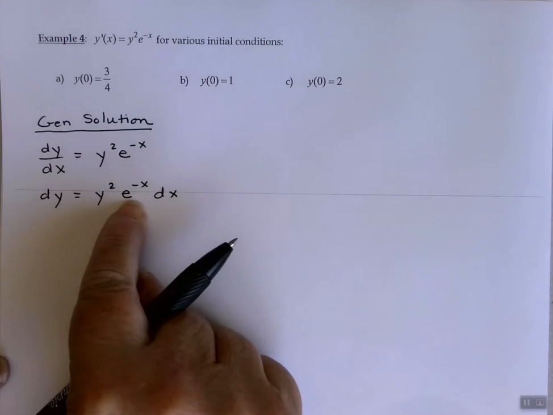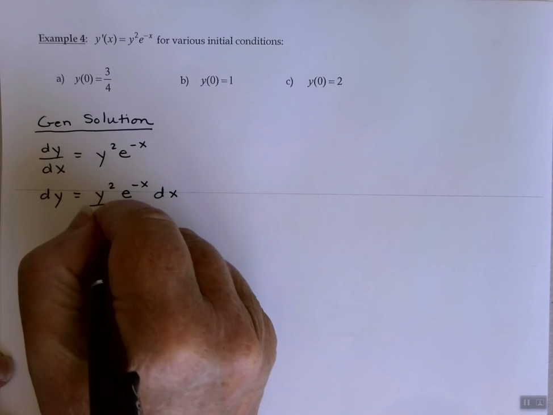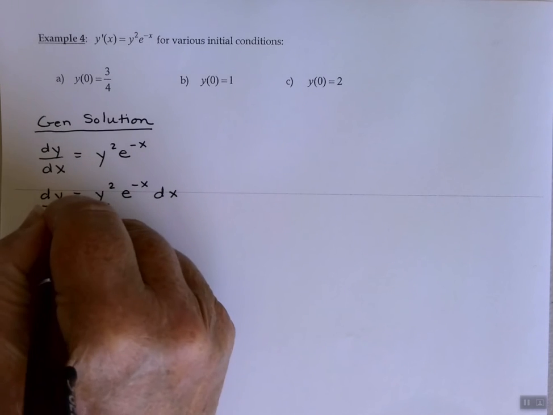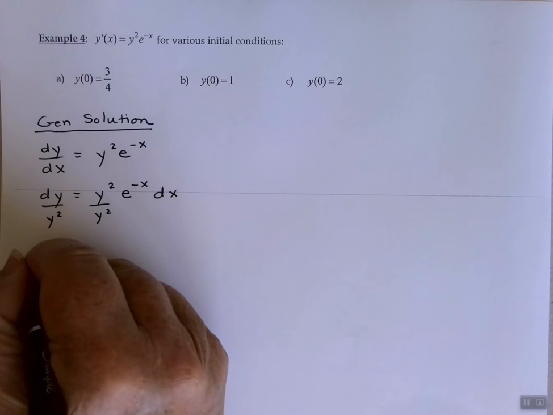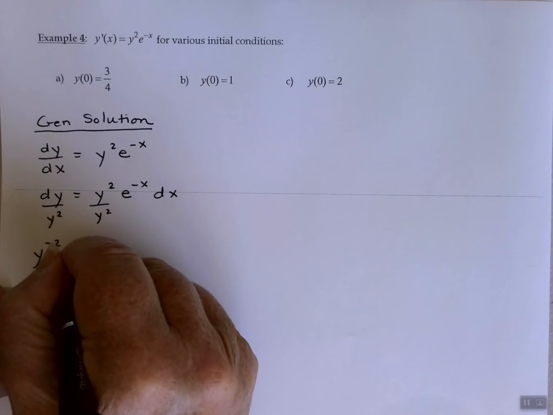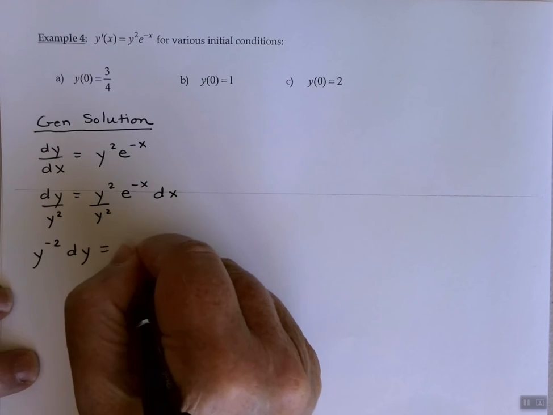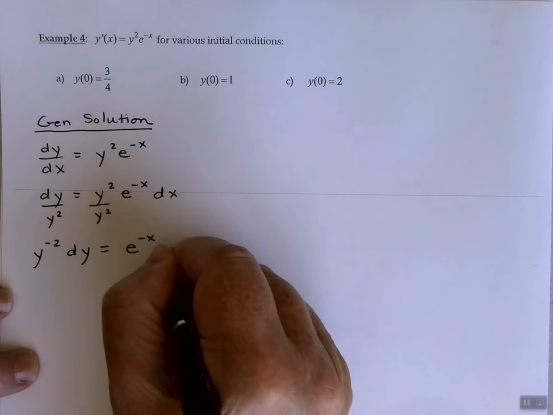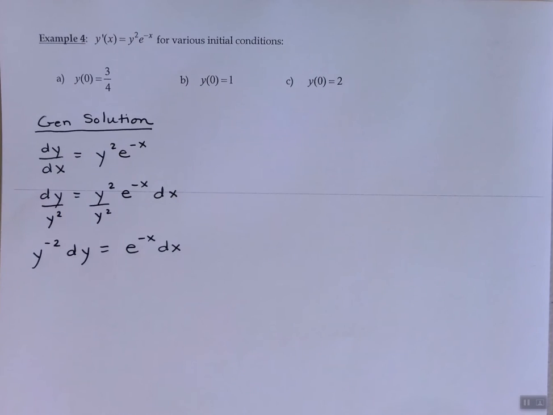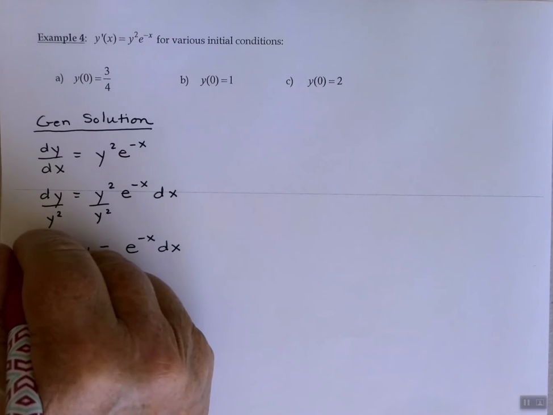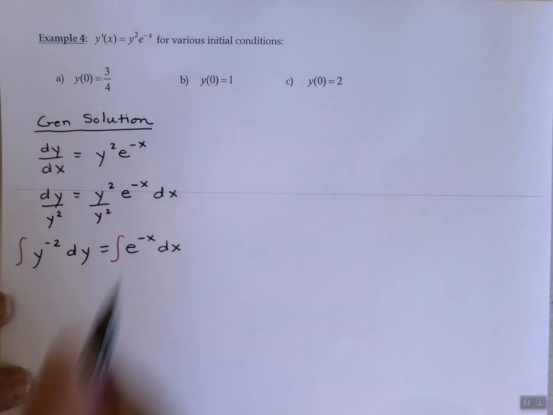So I'm going to keep the e to the minus x dx, and I'll divide out the y squared. So I have y to the negative 2 dy equals e to the negative x dx. My variables are now separated, and so I can integrate both sides.